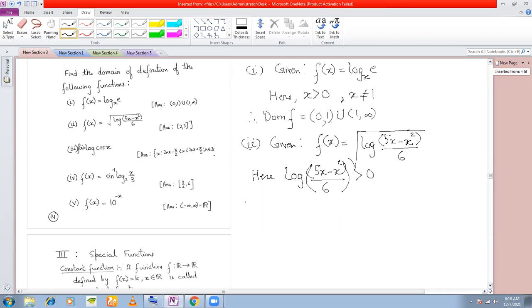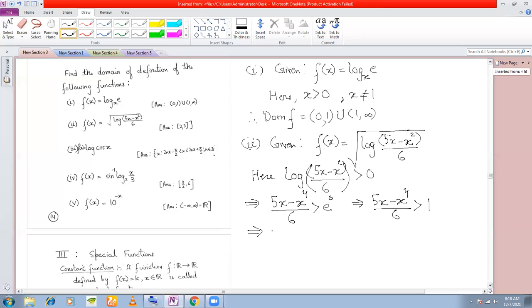Now, from the definition of log, what can we write? Because when we talk about logs and the base is not given, you take the base to be e. So from the definition of log, you can write this as greater than e to the power of 0, which is 1.